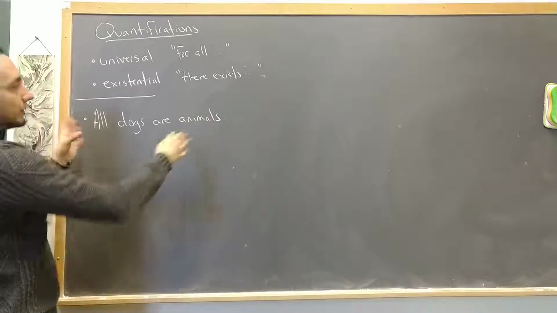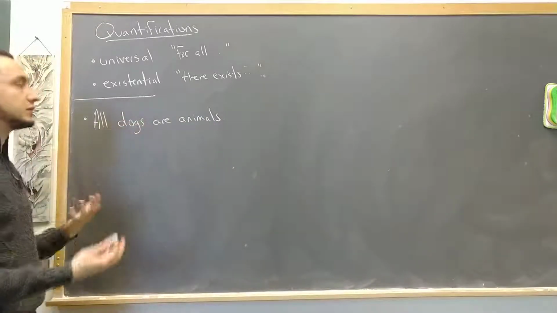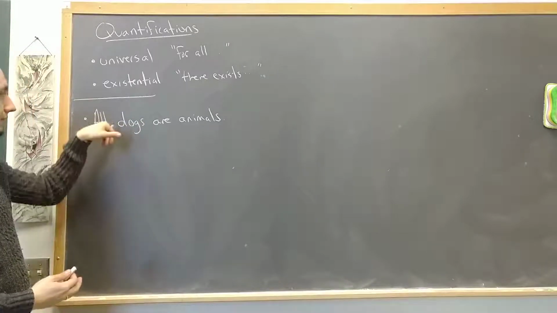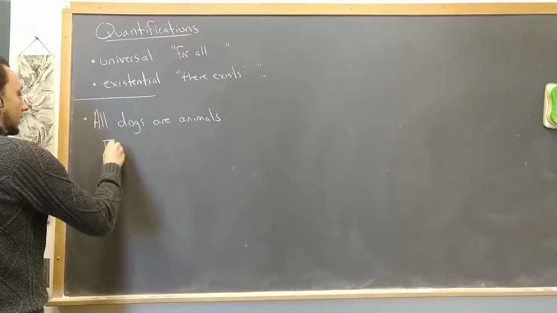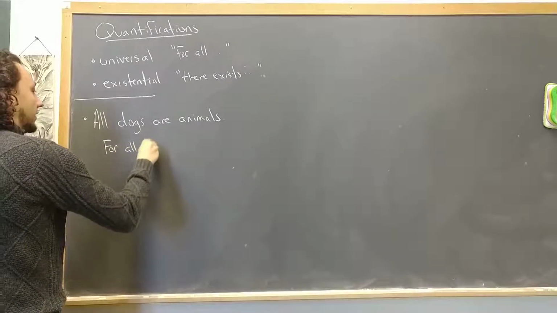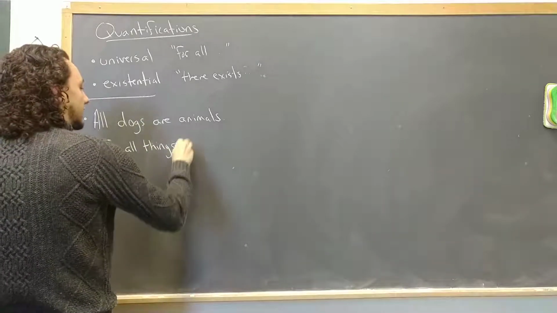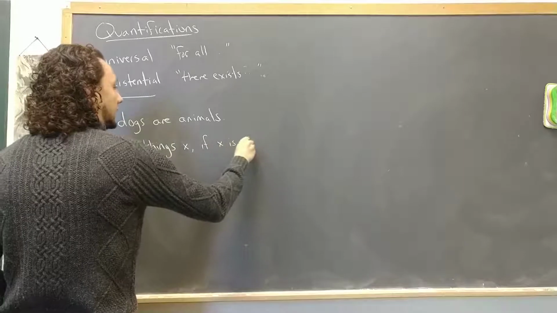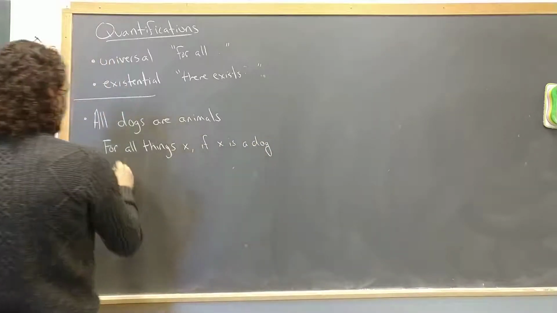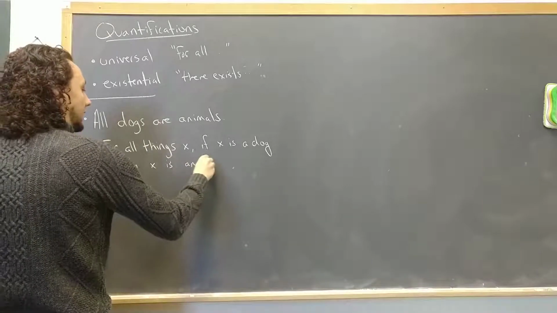If I was going to formalize this mathematically, try to write it in the same way that mathematicians write universal statements, I might write something more similar to this. For all things x, if x is a dog, then x is an animal.